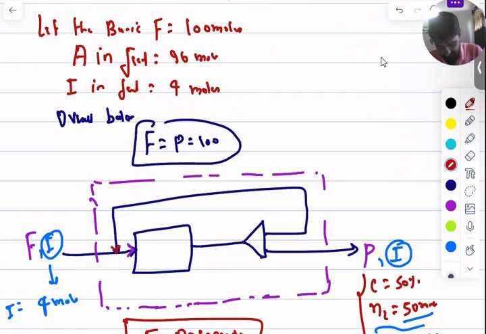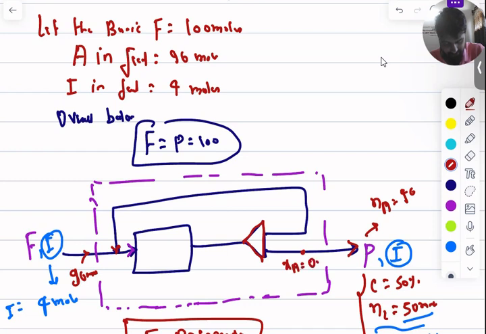One more thing is that here we are supplying 96 moles of A, and here we see that the number of moles of A is 46, right? Only 46. So what is the mole fraction of A here?